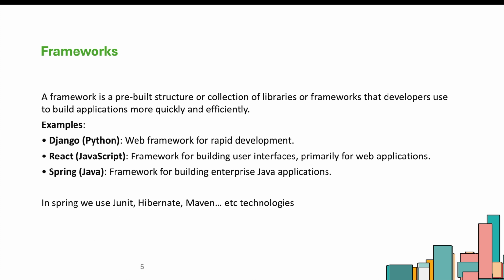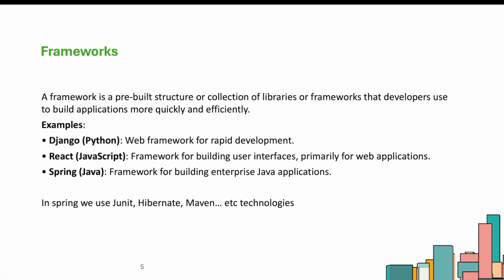Now look at frameworks. A framework internally uses libraries and technologies, which internally use programming languages. If you see the definition, a framework is a pre-built structure or collection of libraries or frameworks that developers use to build an application.